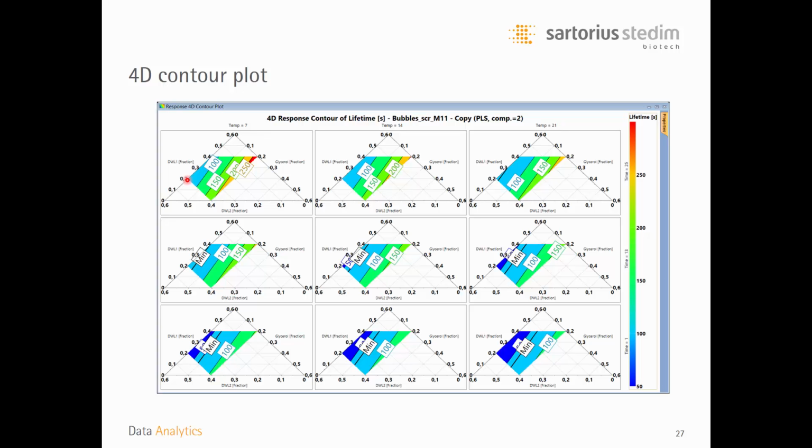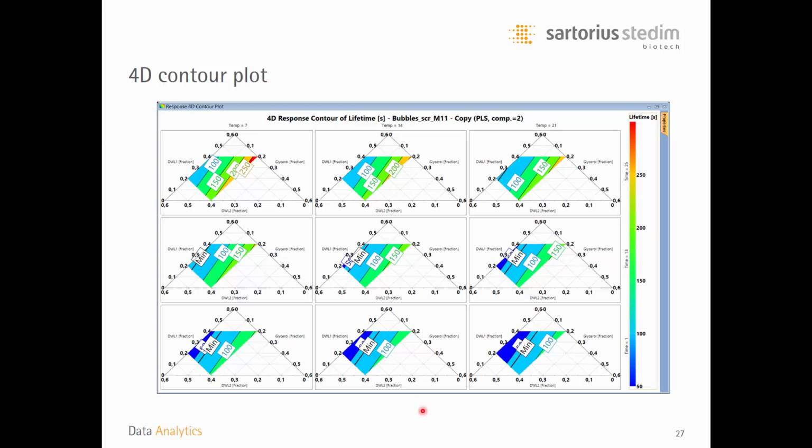Here we see an array of 3x3 trilinear contour plots that we can obtain when we are changing temperature and time. So this is the temperature scale, 7, 14, and 21 centigrades, and this is the time scale, 1, 13, and 25 hours.